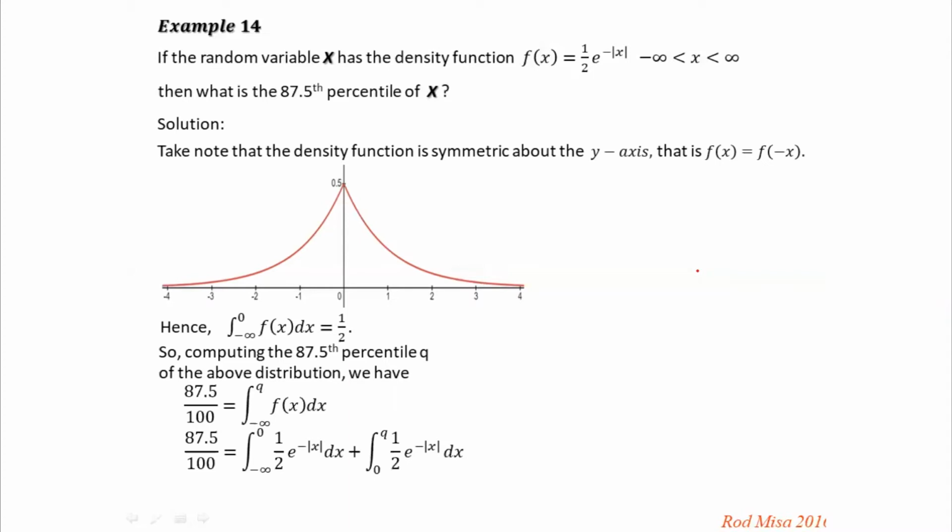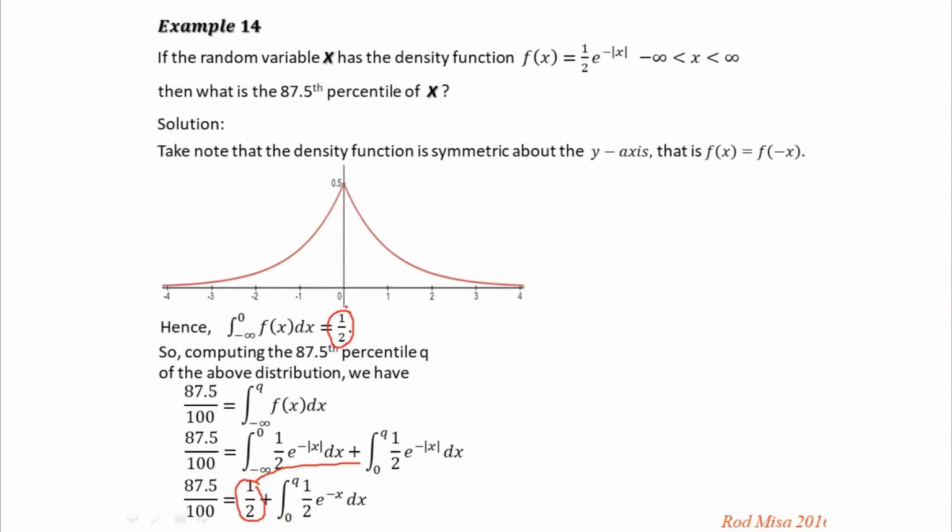So this is just dividing the whole range into two parts, wherein the first half is exactly 1/2 of the distribution. So instead of writing this one, we will write 1/2 because we know that this is 1/2 of the whole distribution, plus the integral of 1/2 of e to the power negative x dx, because the domain here in this integral is already positive.